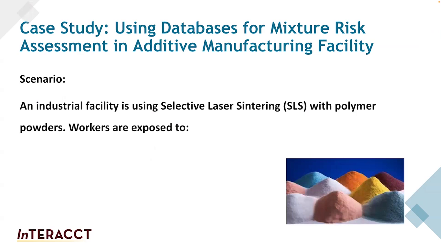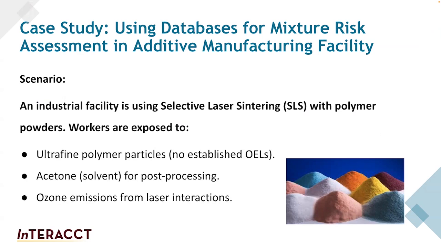In this case study, we have an industrial facility using selective laser sintering, or SLS, with polymer powders. Workers in this facility are exposed to three main hazards. First, ultrafine polymer particles, for which no established occupational exposure limits currently exist.